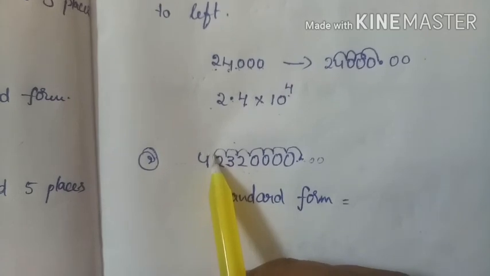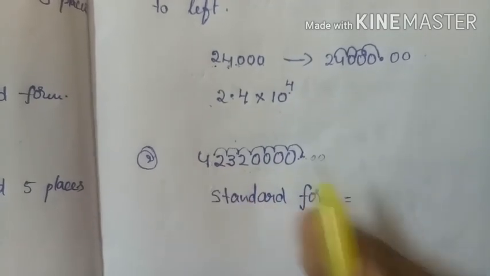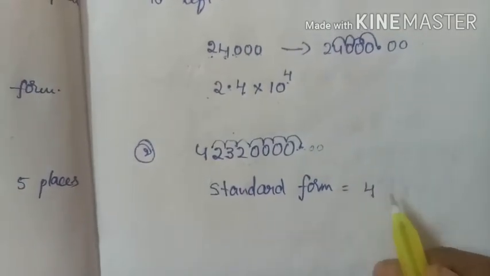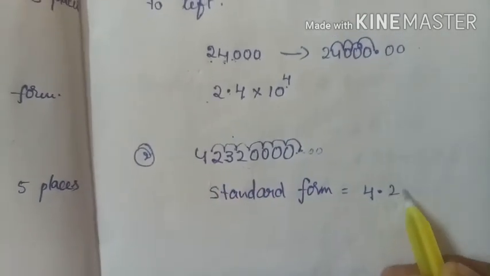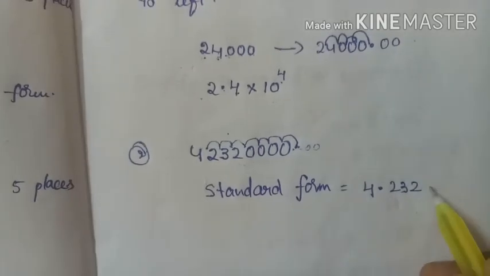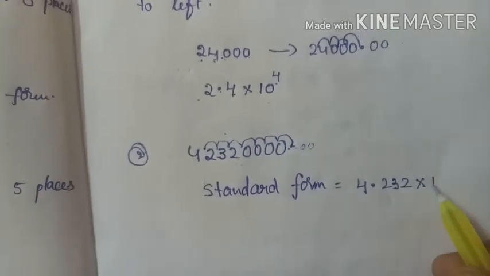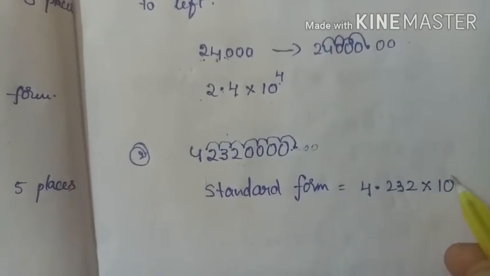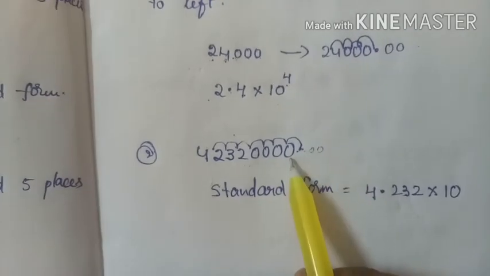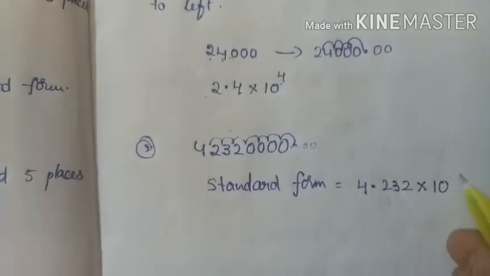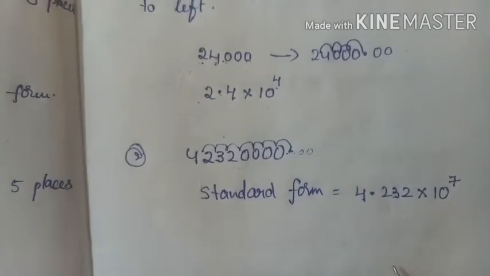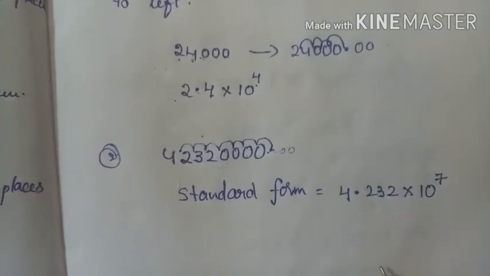That means we have to keep the decimal after 4. So 4 point, the rest of the number is 232, into the base 10. Now what is the exponent? 1, 2, 3, 4, 5, 6, 7 jumps, so directly write power 7. It is our standard form.